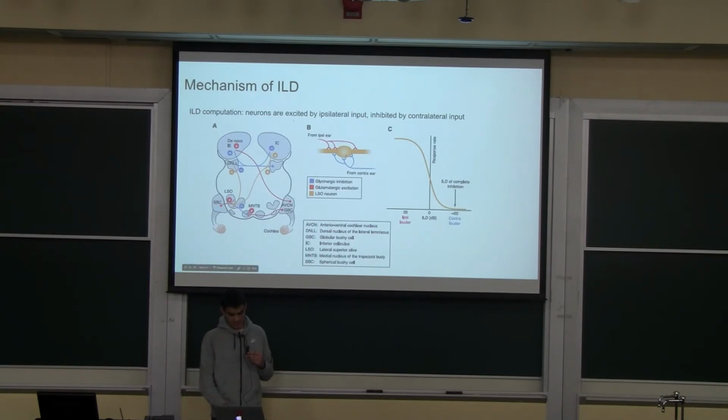And it's shown here by the type of neurotransmitter you receive from the ipsi versus contra ear. One is an excitatory neurotransmitter, and the other one is inhibitory. And this figure sort of recapitulates that in terms of the response rate as well. So basically, excitatory from ipsilateral, inhibitory from contralateral, and based on the stimuli you're receiving, you can compare the two and compute the interaural level difference.